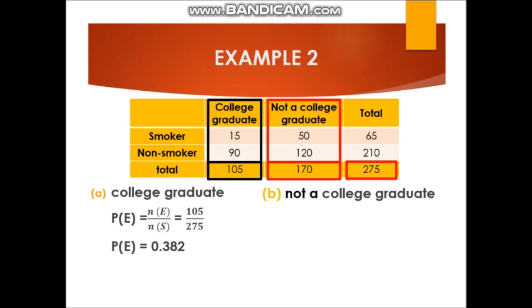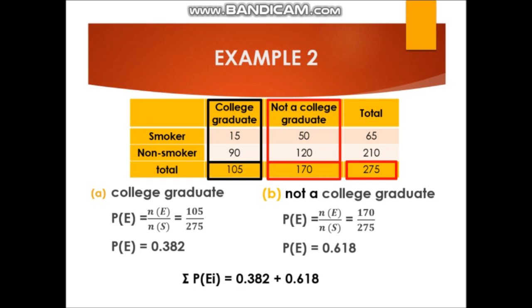So in this case, the probability of not a college graduate is equal to 170 divided by 275 with a value of 0.618. So let us apply property number 4. It must be equal to 1. So we have 0.382 plus 0.618 is equal to 1. So, our answers for letter A and letter B are both correct.